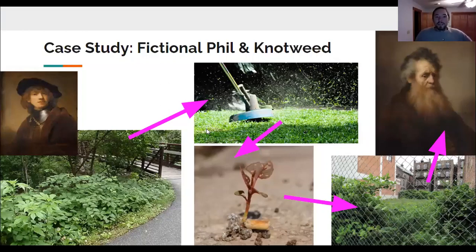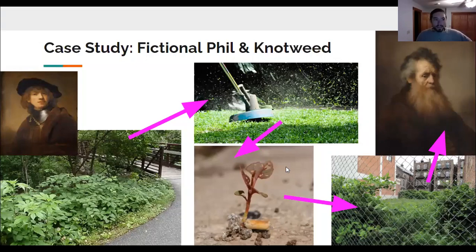Just imagine in your mind's eye that this weed whacker is cruising through knotweed and sending tiny little pieces of knotweed everywhere, which you can see below, little resprouts from fragments. Maybe Fictional Phil didn't know that knotweed resprouts really well from being shredded and tossed around. Before Fictional Phil knows it, there are already little pieces of knotweed that have grown into new plants across the fence in his neighbor's yard.